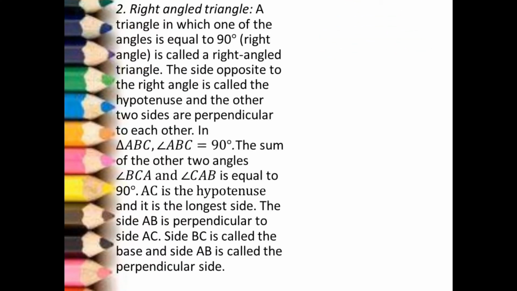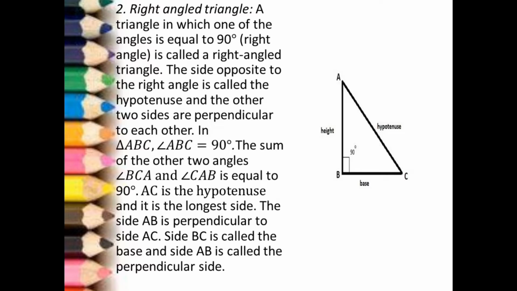Now the second type of triangle is the right angle triangle, and it is a triangle in which one of the angles is equal to 90 degrees, that is a right angle, and the side opposite to the right angle is called the hypotenuse. So here in this figure AC is the hypotenuse, and the other two sides AB and BC are perpendicular to each other.